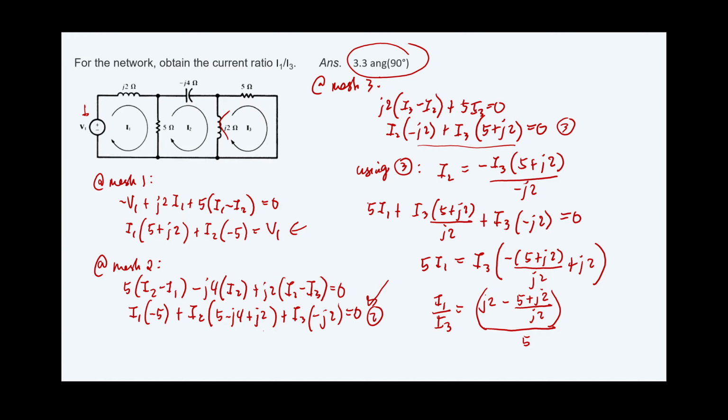I'm not changing anything, I just interchange the two. Basically they're the same, and we can try calculating it. 2i, sorry, it should be 2i minus (5 plus 2i) over 2i, then 5.